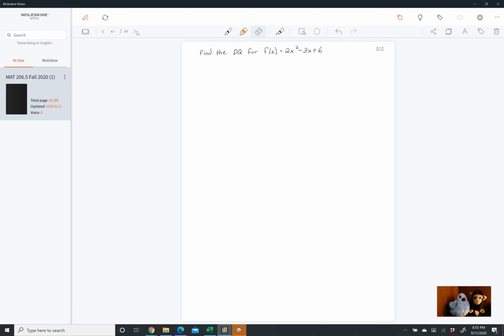Okay, well, here's what we need to do. We need to find that f of x plus h, right? Because the difference quotient is f of x plus h minus f of x. So let's do that first. So f of x plus h says replace every x.